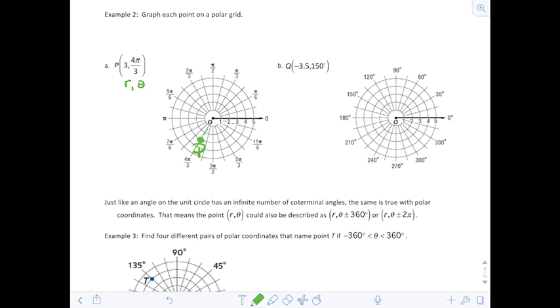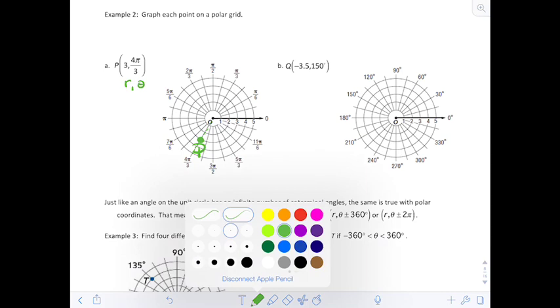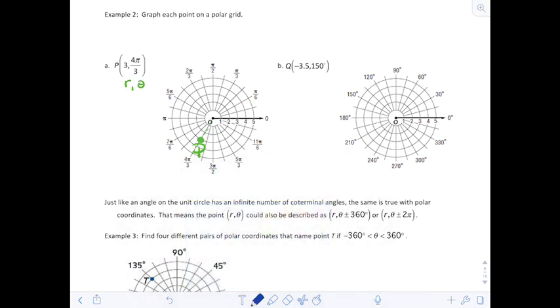Okay. Then B, point Q. We have negative 3.5 and 150 degrees. So I'm going to rotate to 150 degrees, which is out here. And then instead of going out 1, 2, 3.5 right there, I'm actually going to go in the other direction, which would put me at the 330 degree, 1, 2, 3.5 right here.